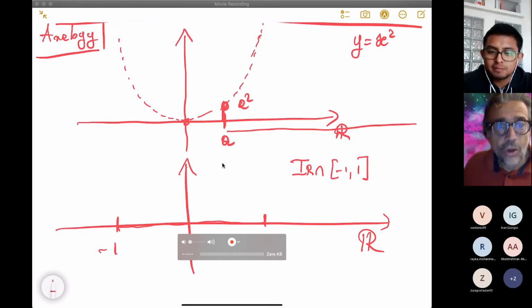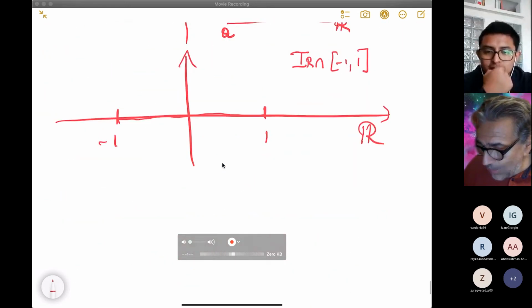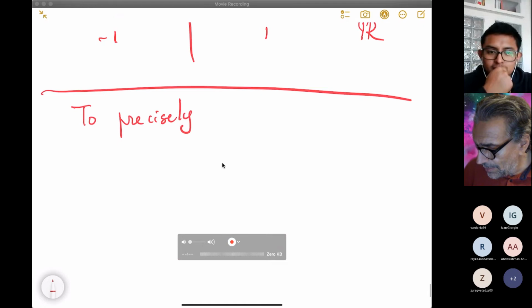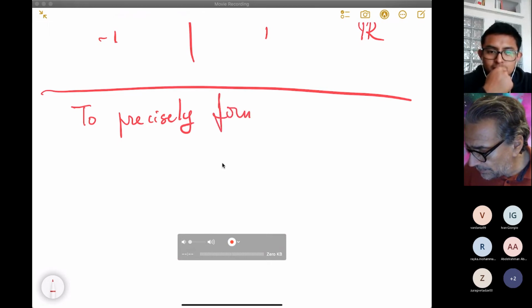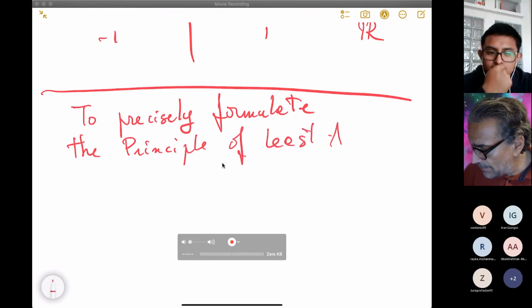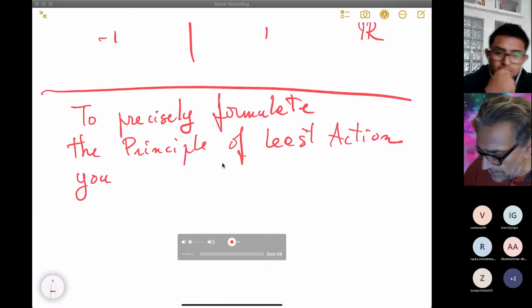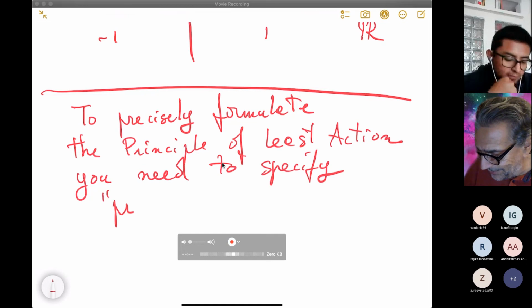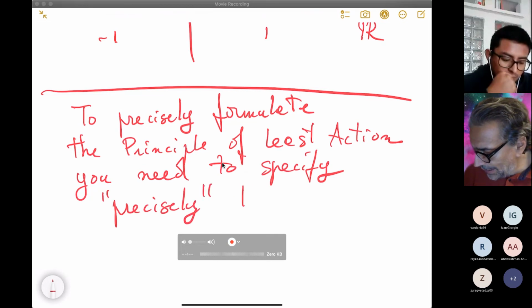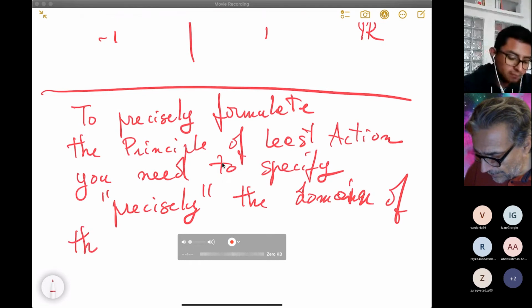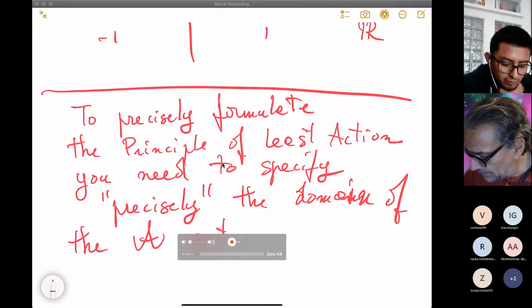So if you agree with this, you will agree that to precisely formulate the principle of least action, you need to specify precisely the domain of the action function.